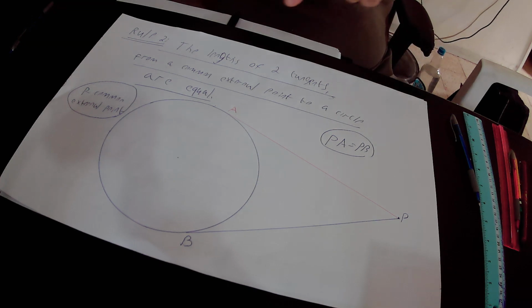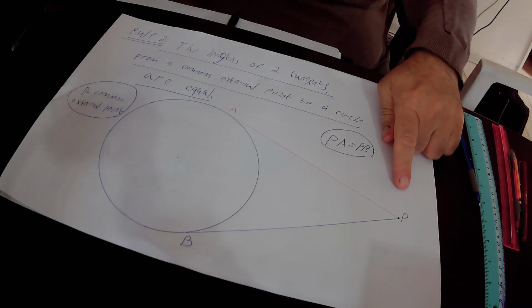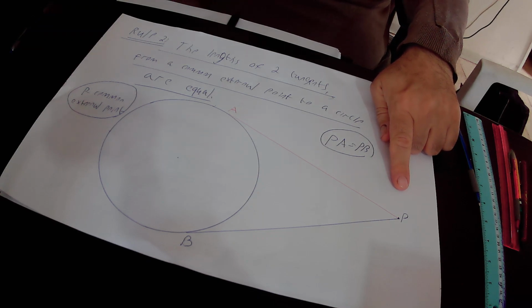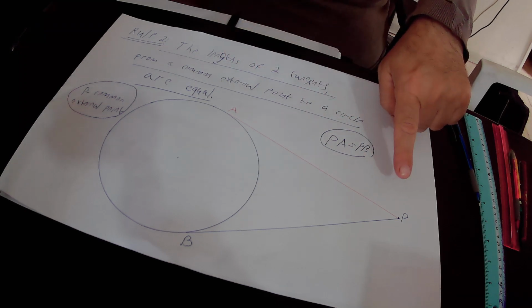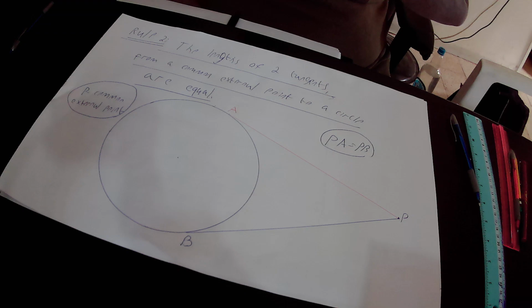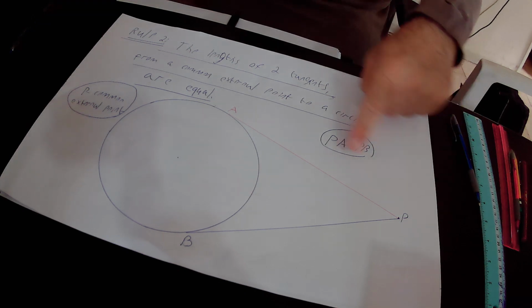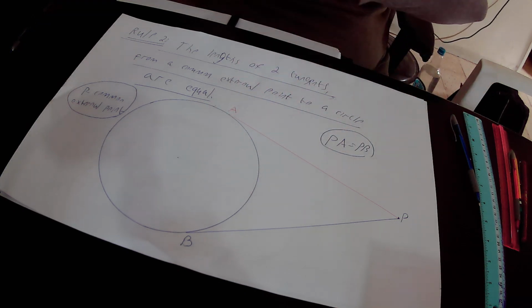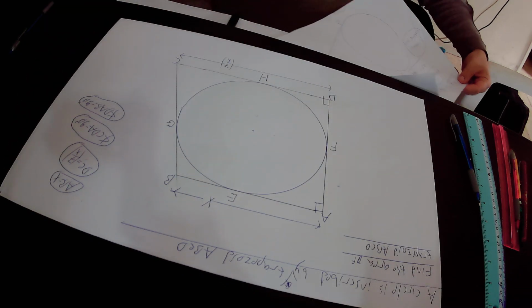So in the drawing we have a circle. This is the common external point, point P. From this common external point, point P, we have two tangents to this circle, tangent PA and tangent PB. According to this rule, they are equal to each other. That is to say, PA equals PB. So we can definitely implement rule 2 in our drawing.